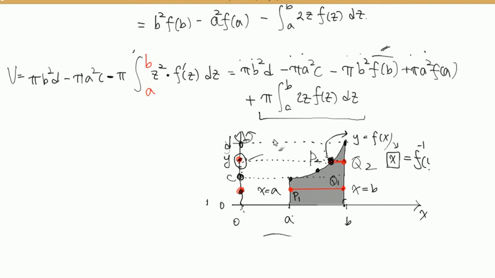It is c. So pi b squared d minus pi a squared c minus, they cancel and become 0. Alrighty. We just proved that the cross-section method yields the same quantity as the cylindrical shell method.